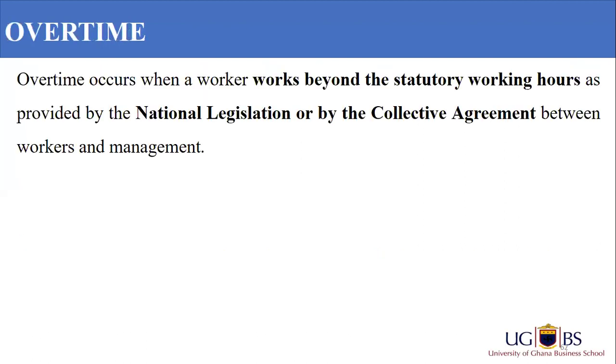Overtime occurs when a worker works beyond statutory working hours. So now let's move to overtime. Overtime occurs when someone works more than the normal working hours. So if you are told to work 30 hours and you work more than 30 hours, then there is overtime, right?